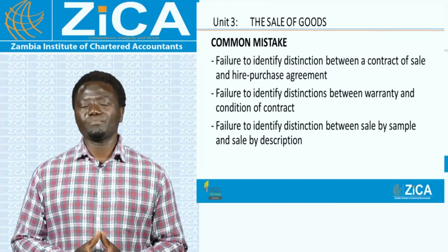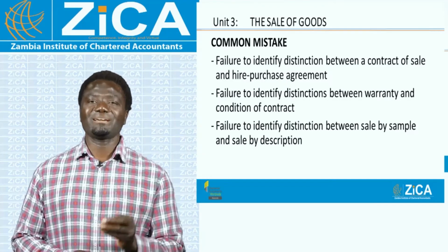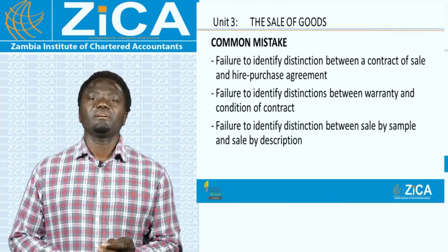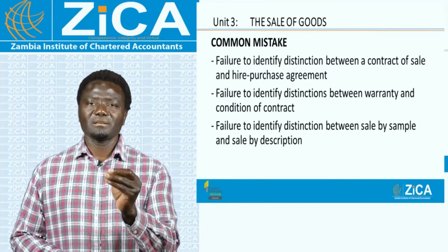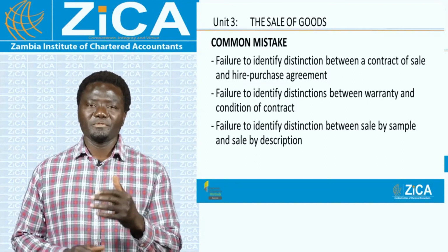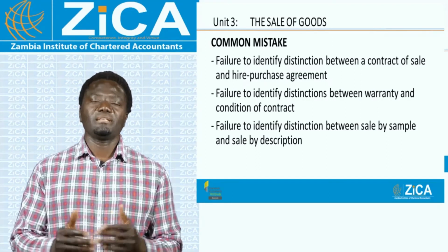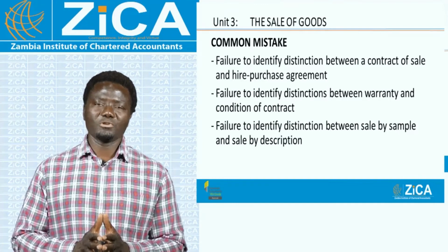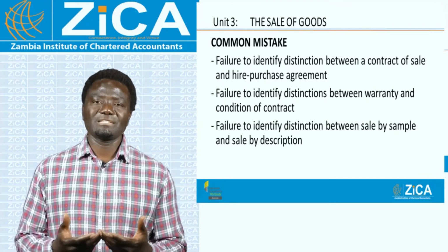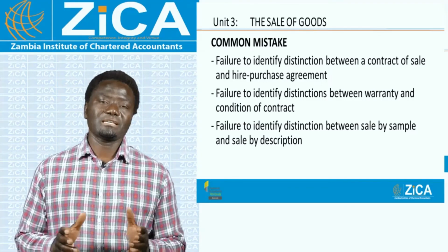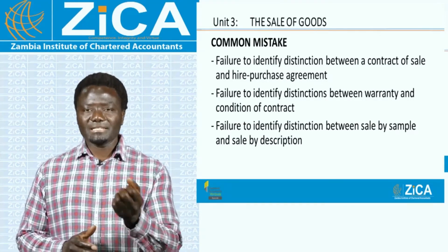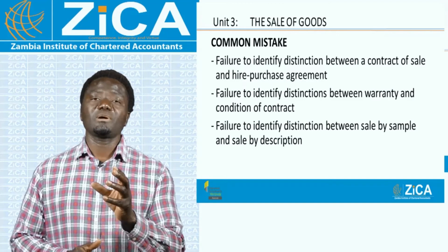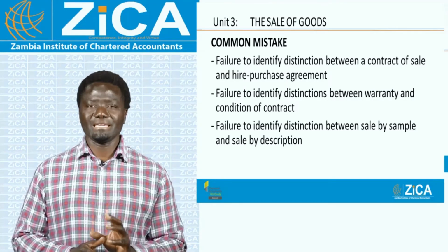Now, a warranty is actually a guarantee. A warranty is a guarantee to you who is buying that, should what you are buying break within a period of warranty, let us say within a year, or should it fail to do what it has been intended for within, for instance, a year or 6 months, then we as sellers will accept you bringing back what you have bought, and we shall repair it for you.